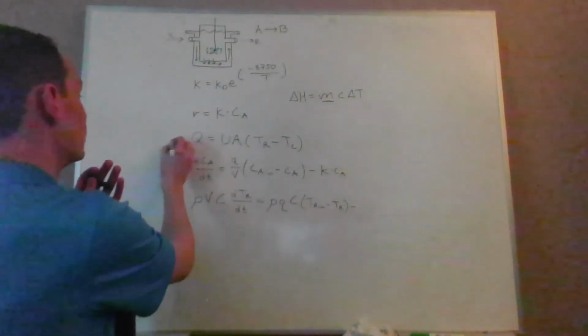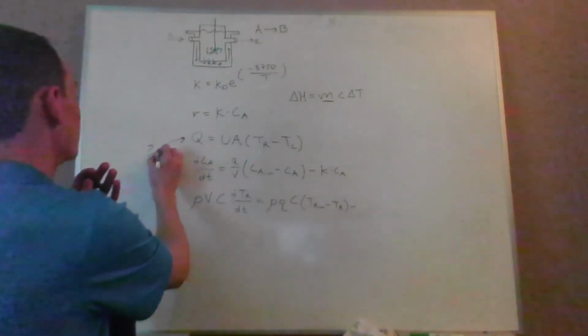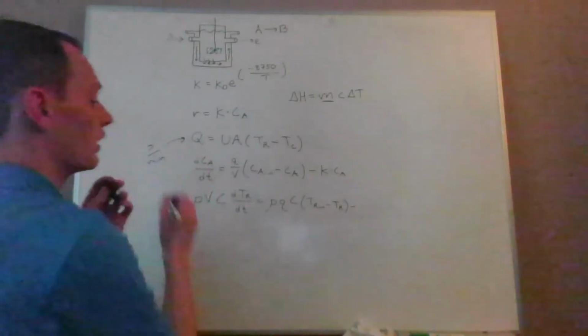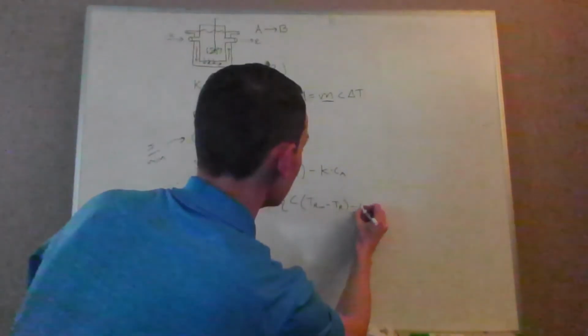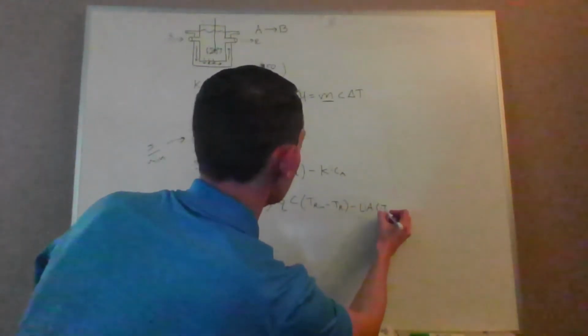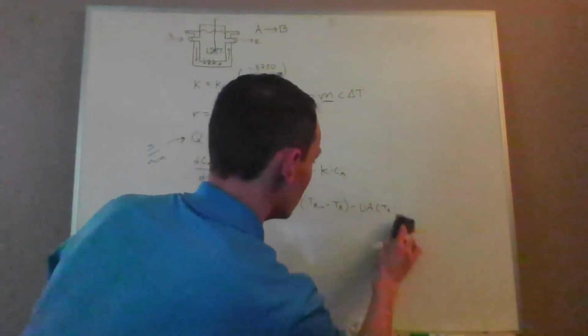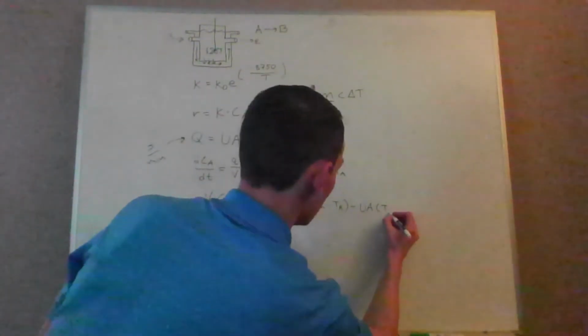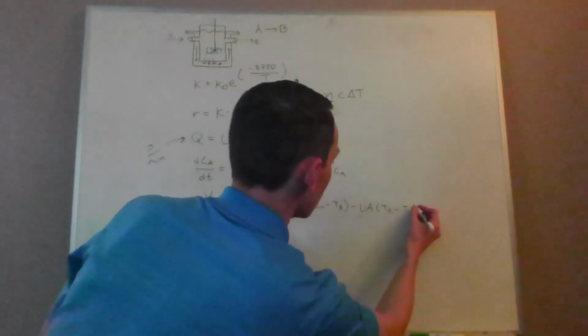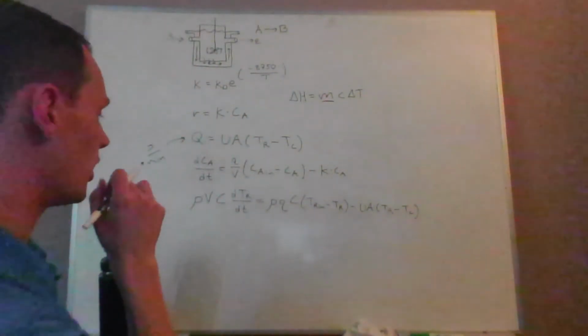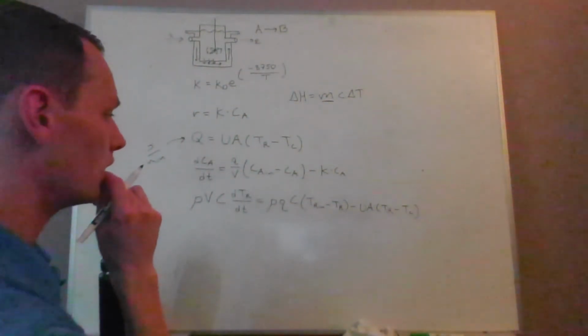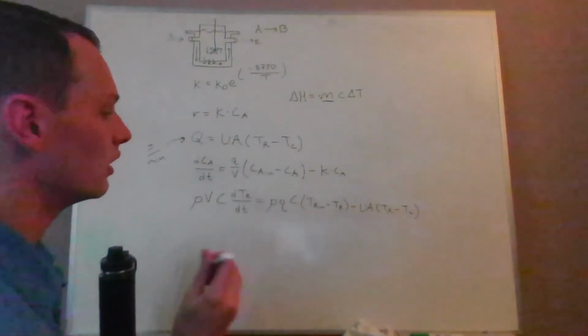If we remember this Q, this is joules per minute. Okay, that's already given to us. So we don't even have to change anything. I can literally just write T_R minus T_C. Okay, I think there might have been a small mistake I made here. So I think I subtracted the, obviously.